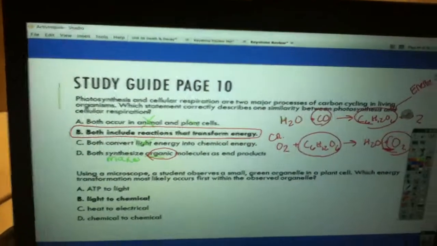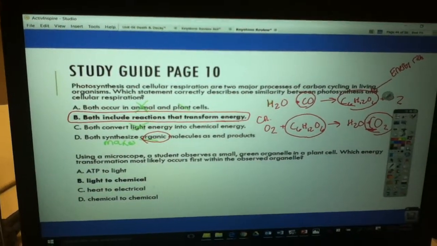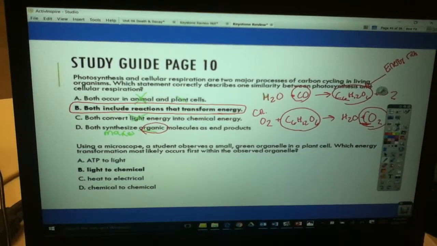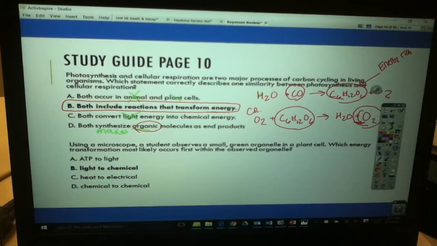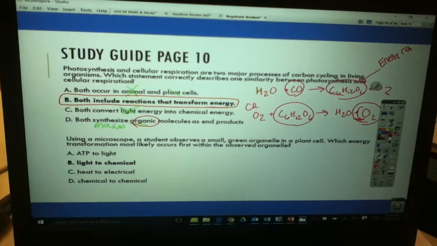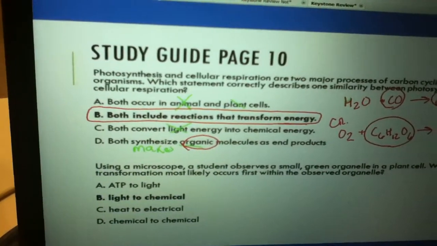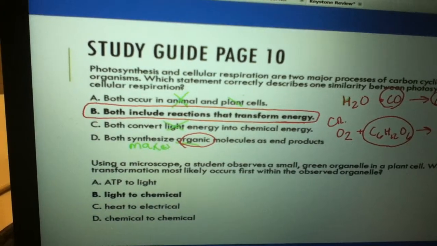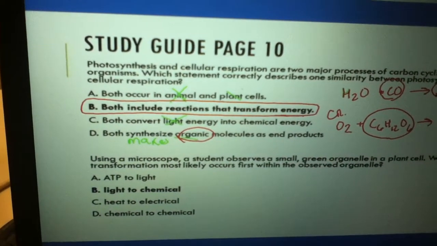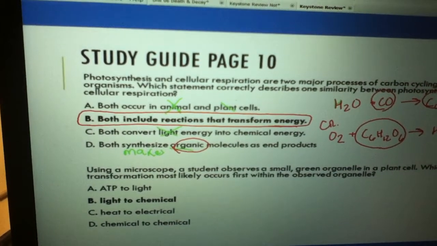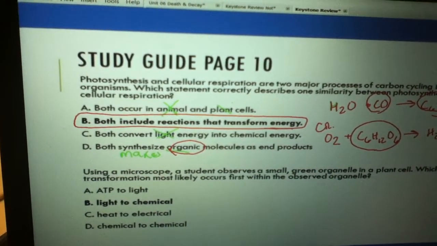Okay, photosynthesis and cellular respiration are two major processes of carbon cycling in living organisms. Which statement correctly describes one similarity between photosynthesis and cellular respiration? Okay, we're not going to say A, because photosynthesis does not happen in animal cells. We're not going to say C, because cellular respiration does not convert light energy into chemical energy.